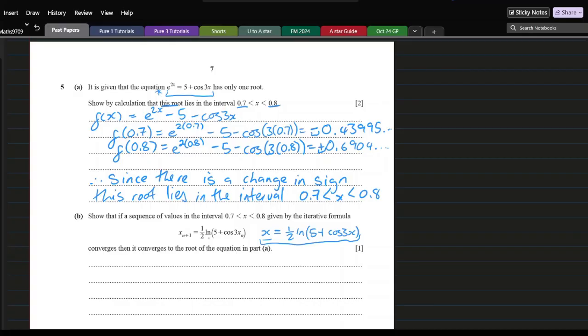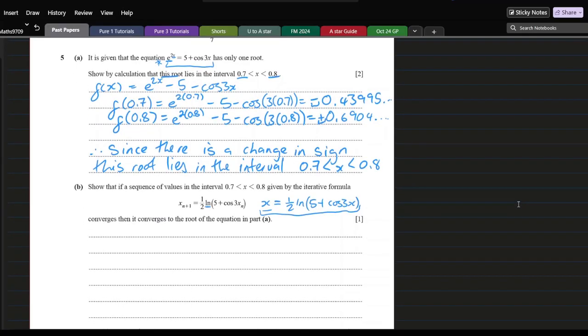So this ln here tells us that the x that has been made subject of the formula must have come from an exponential. So let's work with our initial equation, this one, to show that it can be written as this second equation. So we've got e to the power 2x is equal to 5 plus cos 3x.